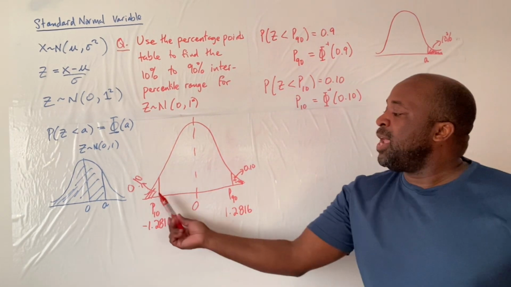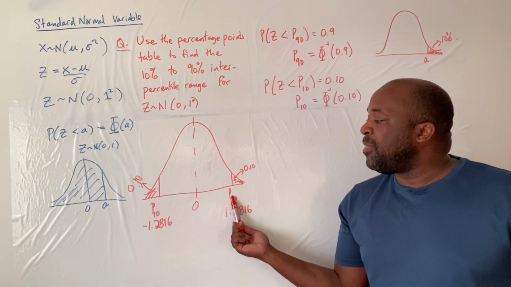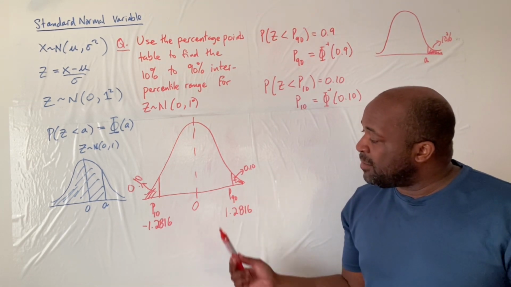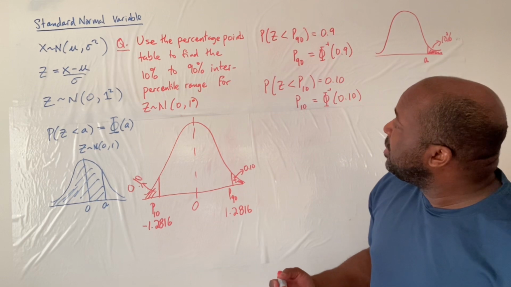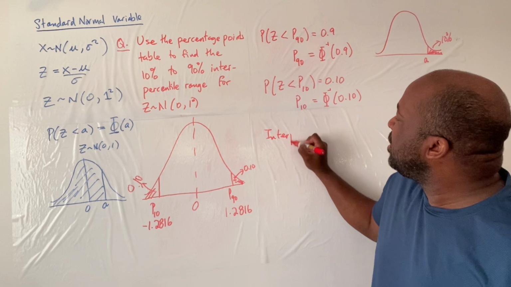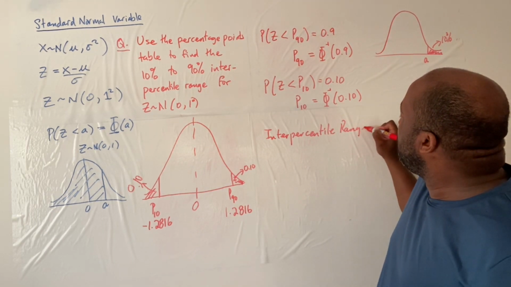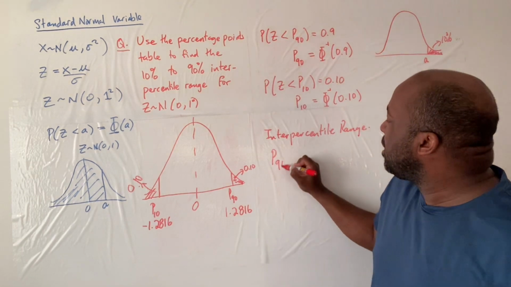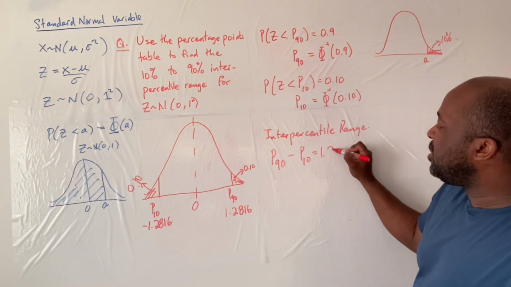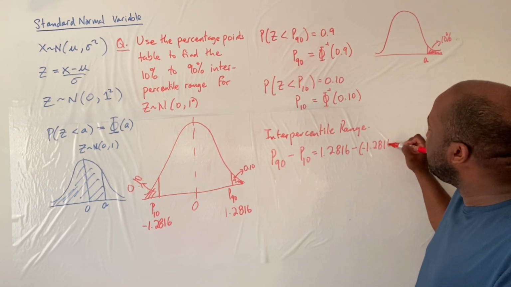All right. So the area to the right of this is the same as the area to the left of this. Therefore, this value and that value are identical in absolute terms, and this will be the negative of that value. So consequently, the interpercentile range will be the difference between P90 and P10, which is going to be equal to 1.2816 minus negative 1.2816.